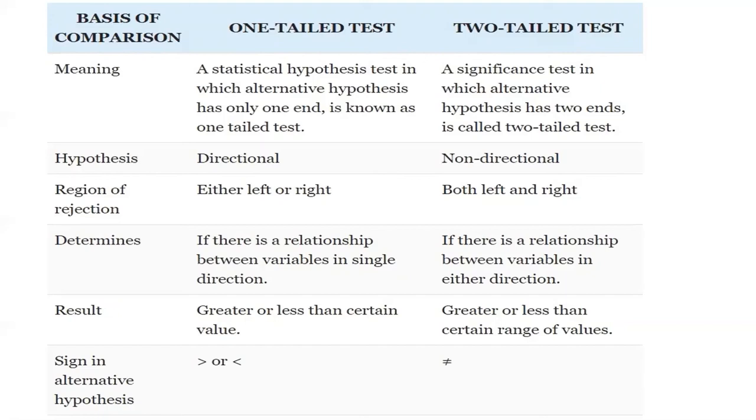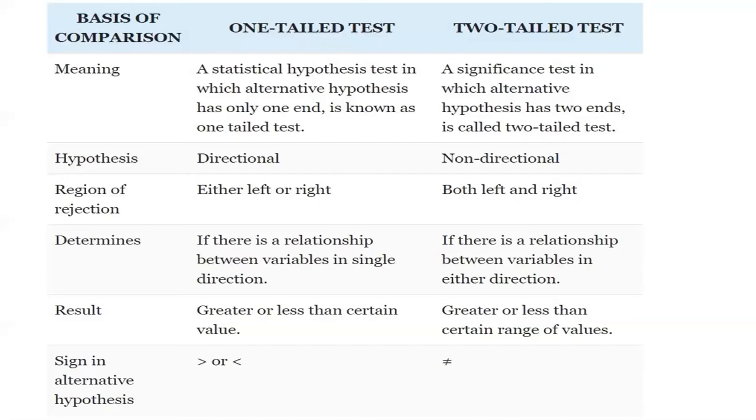The result of a one-tail test will be greater or less than a certain value, and in a two-tail test, it will be greater or less than a range of values.